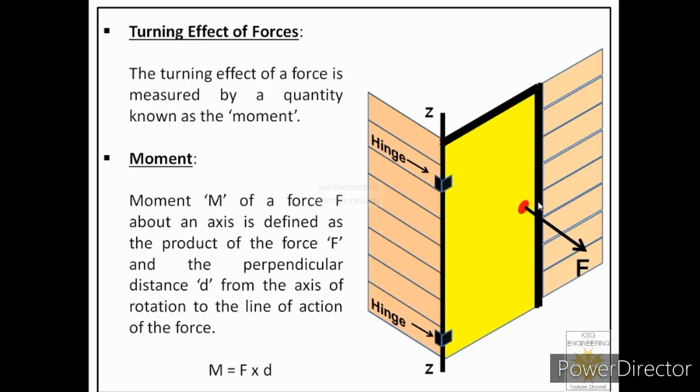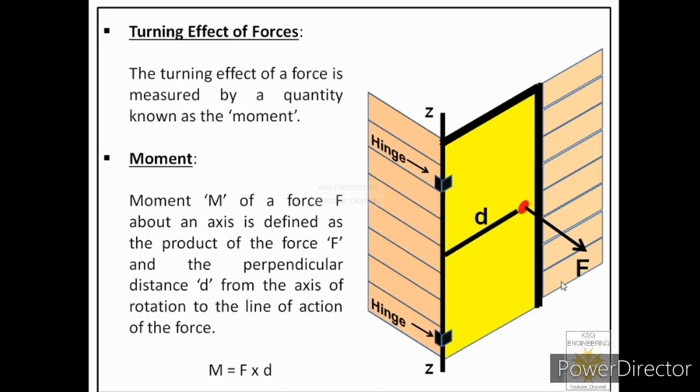So let us apply a force F. It is a pull on the handle of the door, and let us say the distance of the point of application of the force, or we can say the line of action of the force, from the axis of rotation is, let us say, d units, and this is the perpendicular distance between axis of rotation and the line of action of the force.